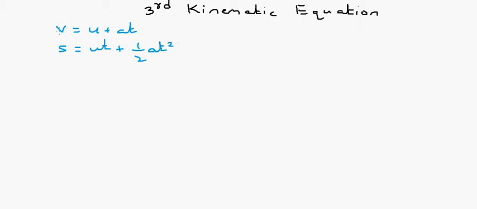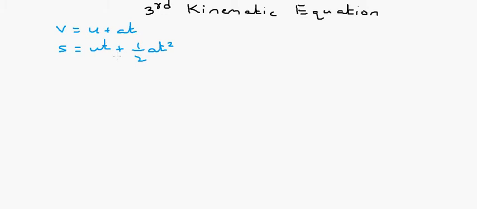V, that is final velocity, is equal to u, that is initial velocity, plus acceleration times time. The second equation is displacement, that is s, is equal to initial velocity multiplied by time plus half into acceleration times time squared, right? So these are two equations.